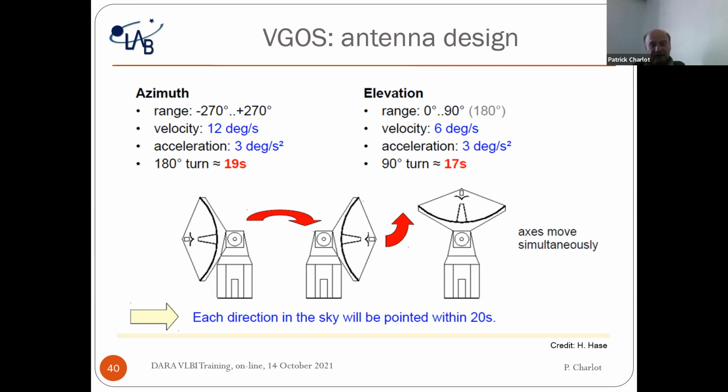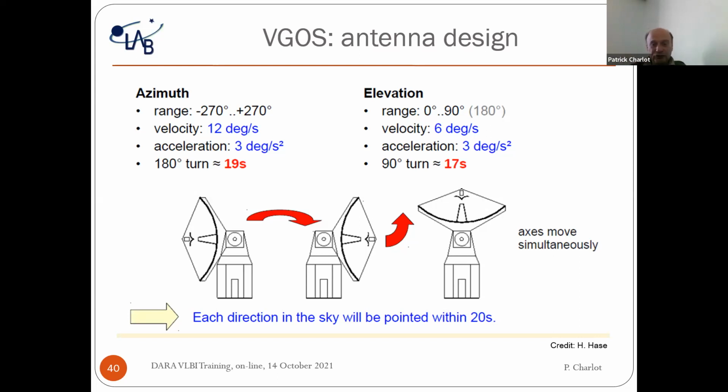So during a 24-hour session, for example, you will spend a large part of the time, maybe half of it, where you don't observe, but just move from one source to the next. And for some slow antennas, it's even larger than that. It can be 60, 70% of the time that you spend moving from one source to the next, where you don't observe.